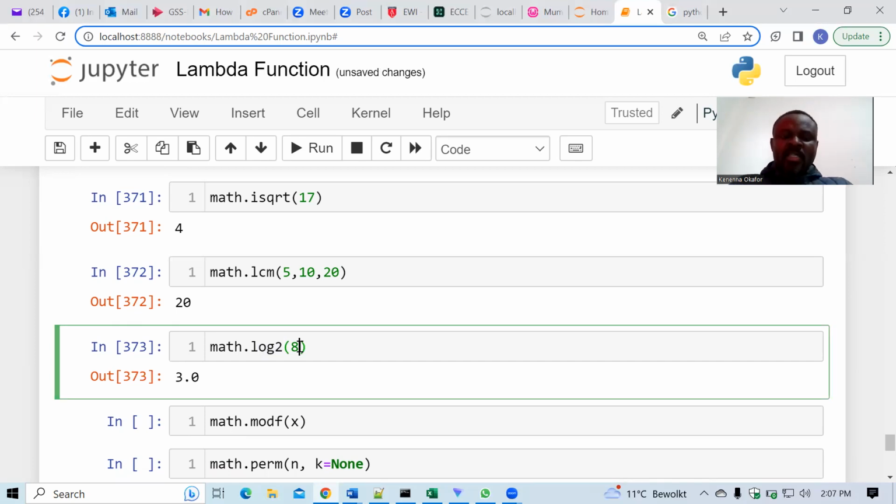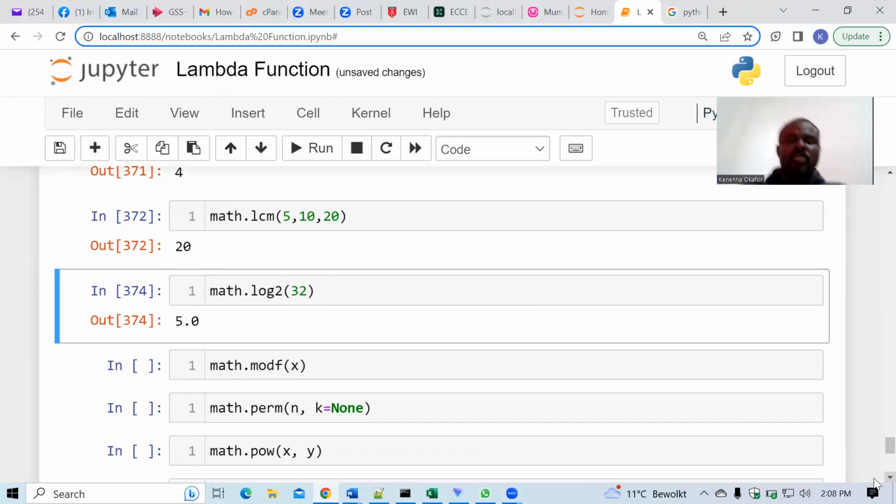And you could also have it as maybe 32. 32 should give us 5, right? So 2 times 2 times 2 times 2 times 2 in 5 places. That is the return value, 5.